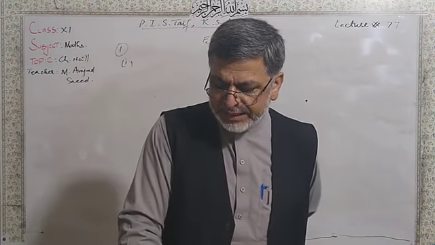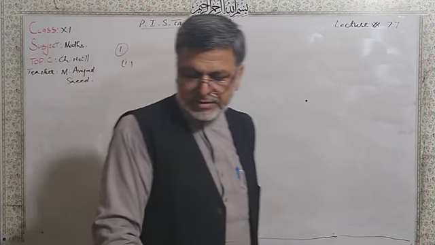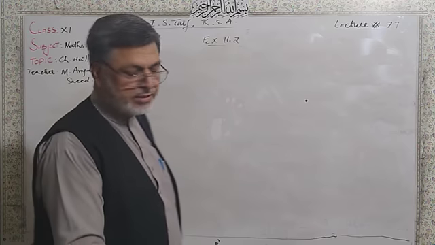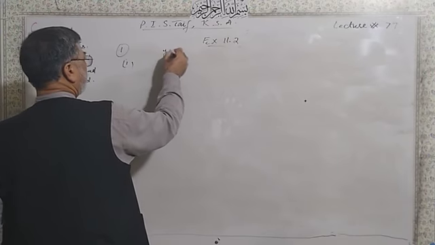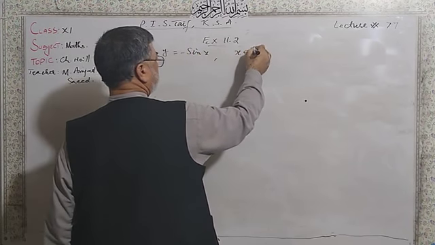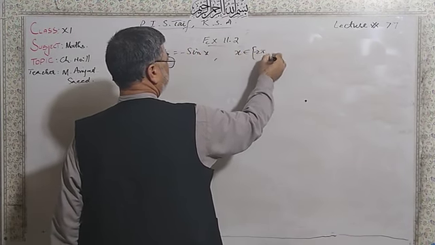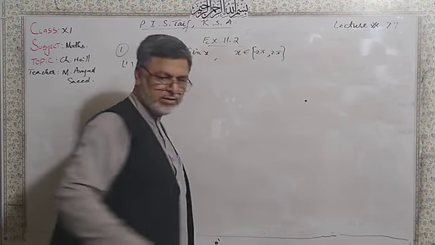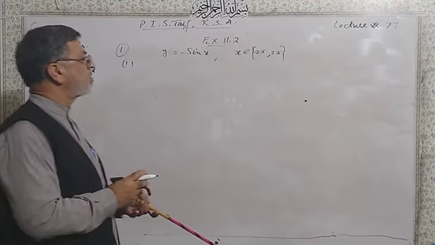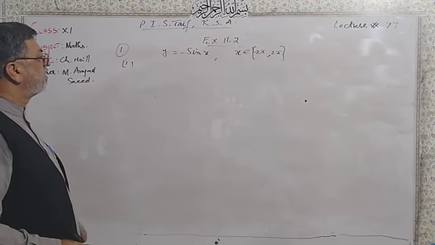Y is equal to minus sin x and x belongs to the interval minus 2 pi and plus 2 pi. Here is the closed interval minus 2 pi to plus 2 pi.